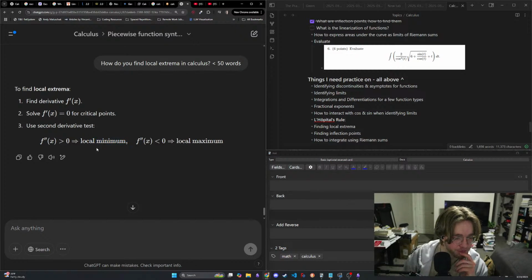Oh, okay. So here it is the case that, wait, is less than 0? Is greater than 0?